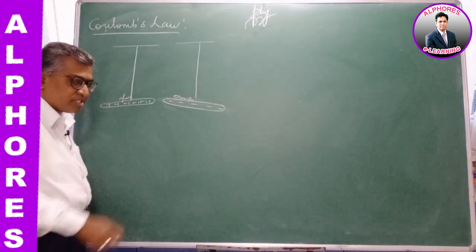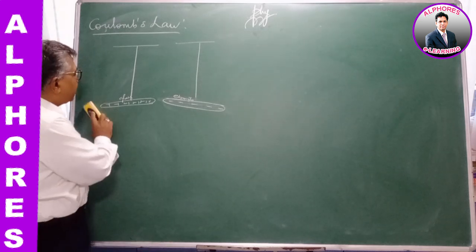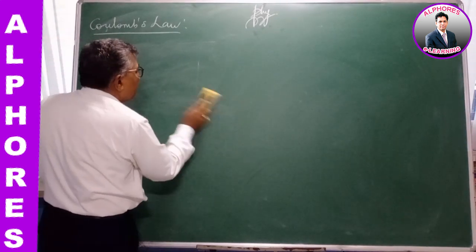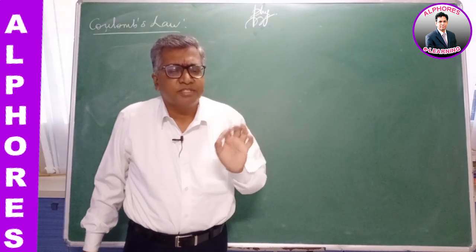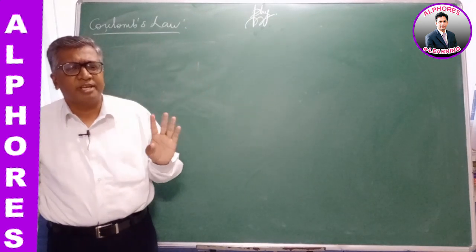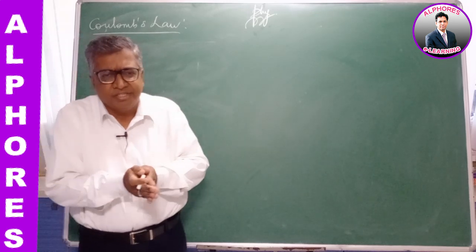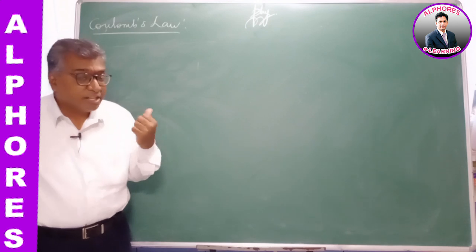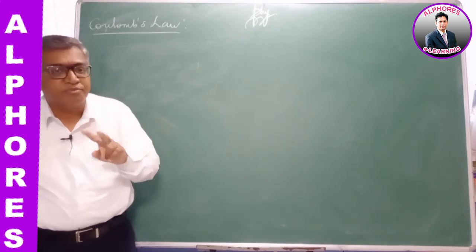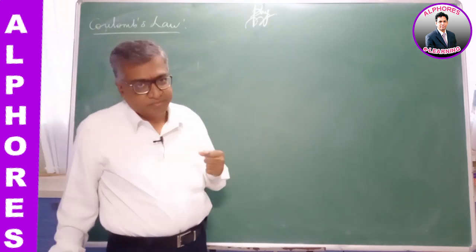Electrostatic forces are of two types. Unlike mass, all mass is of the same nature, and there is only one type of force, the gravitational force of attraction, as stated by Newton. But electrostatic forces are of two types, force of attraction and force of repulsion.